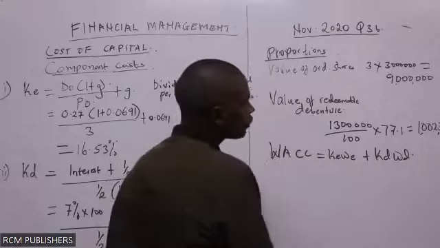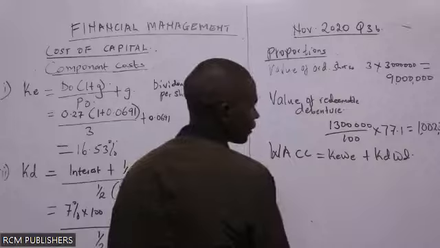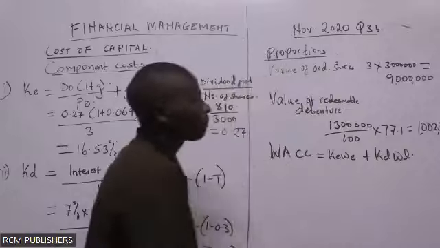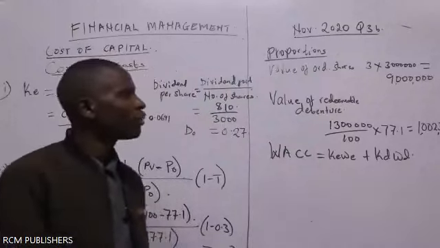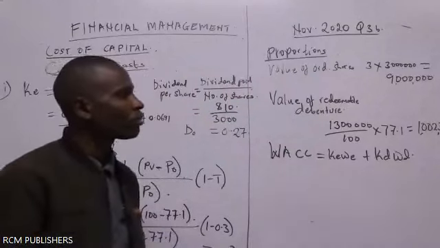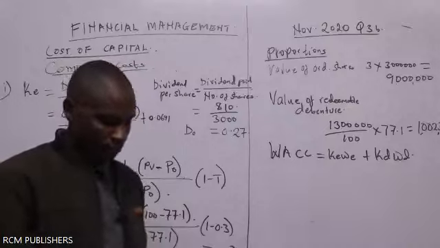Now, if I want to get the total of the proportion, 9 million plus 1,02,300.